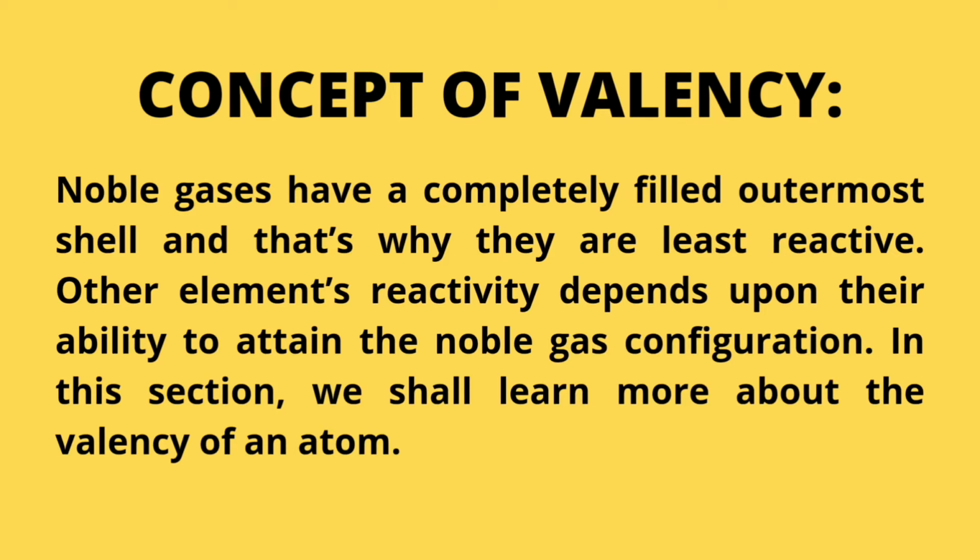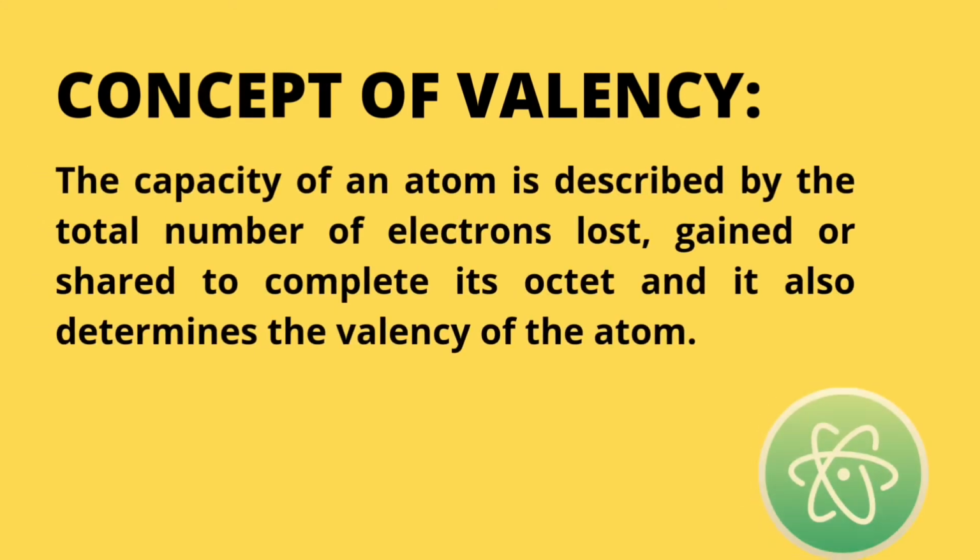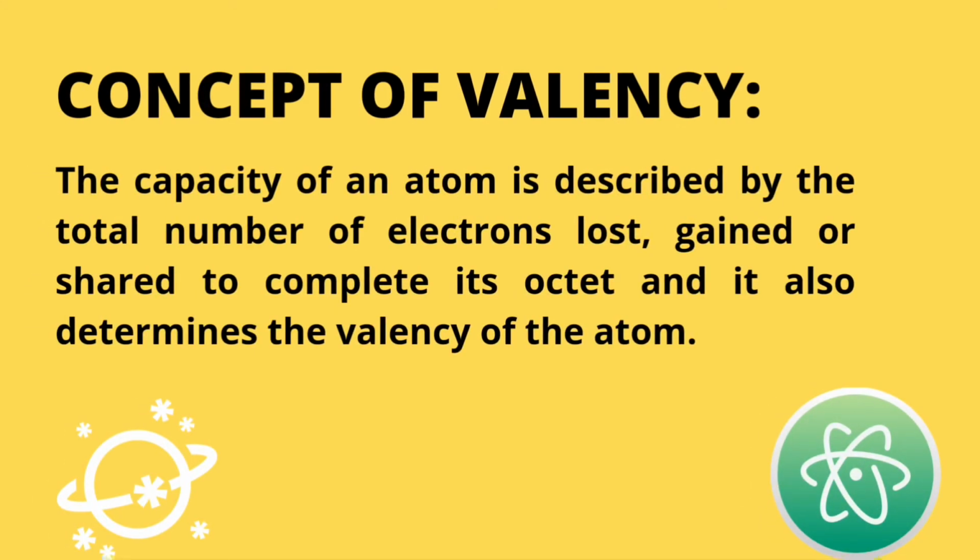In this way, they also become least reactive like noble gases. To understand this concept, we have to learn the capacity of an atom, which is described by the total number of electrons lost, gained or shared to complete its octet, and it also determines the valency of the atom.